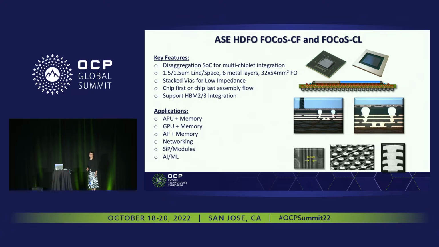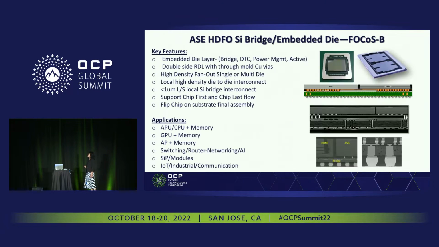And it can serve HPC applications, for example, APU, GPU, AP integration with HBM over DRAM memories. It can also serve increasing networking applications, SerDes integration, and of course AI machine learning.